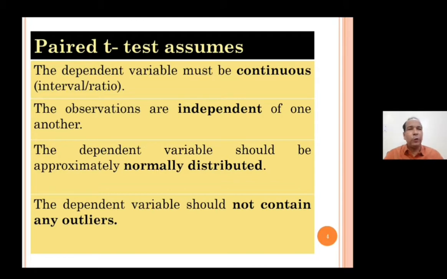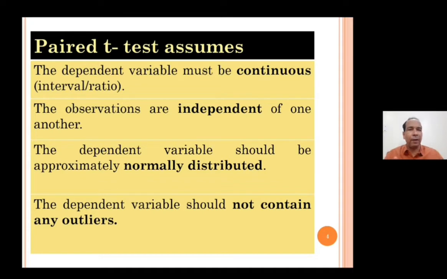The values of their health indicator are taken prior to giving that medicine, and after giving that medicine, for example after 1 week or 2 weeks, we further take their values of some health indicators.